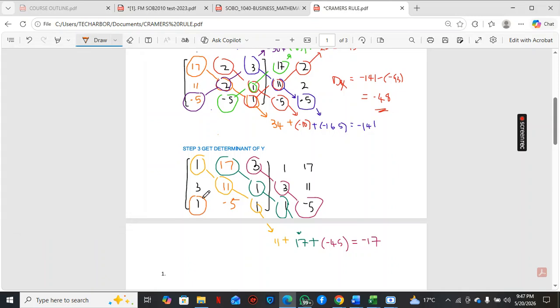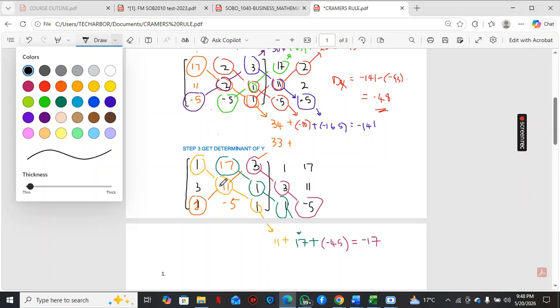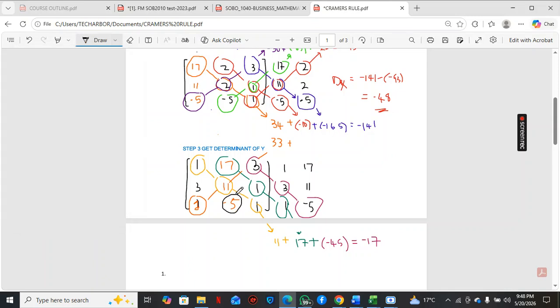You're going to say 1, this is a 1, not a 7. 1 times 11, that gives us 11. 11 times 3, that is 33. Plus negative 5 times 1, that is negative 5. Negative 5 times 1 again, that is negative 5.